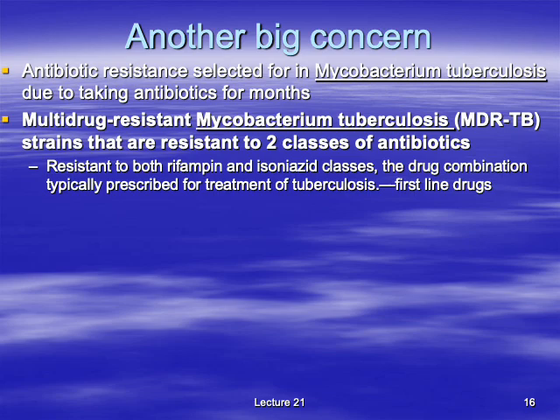These are known as the first-line drugs. You take them for a long, long time, they're going to select for resistance, and there's a chance that those bacteria during treatment will become resistant in the person. And now you have a bigger problem.